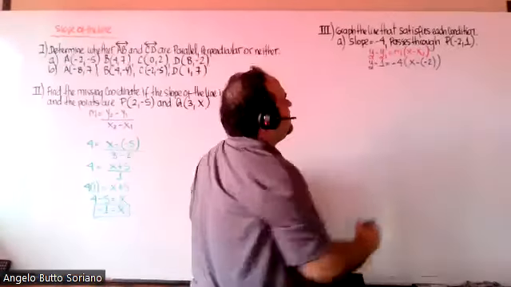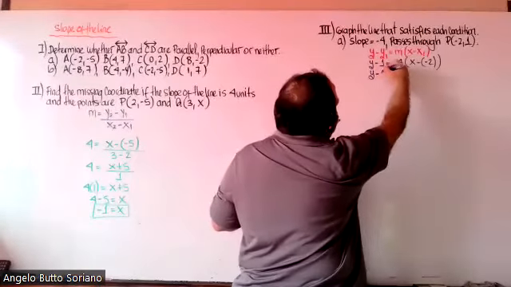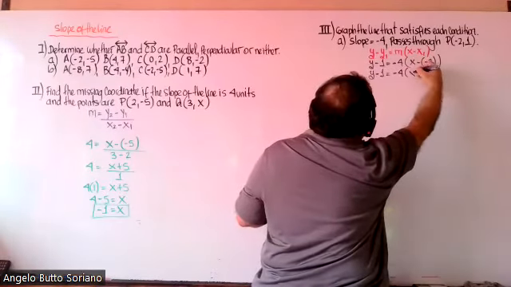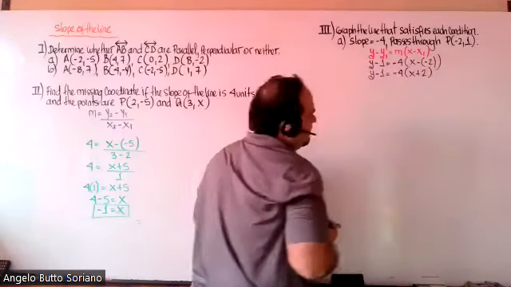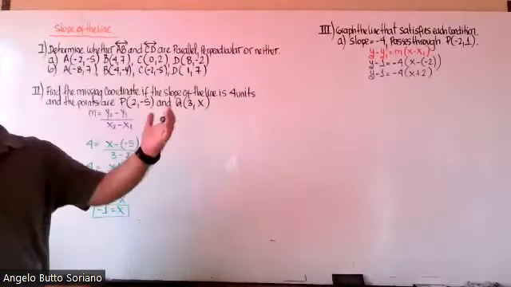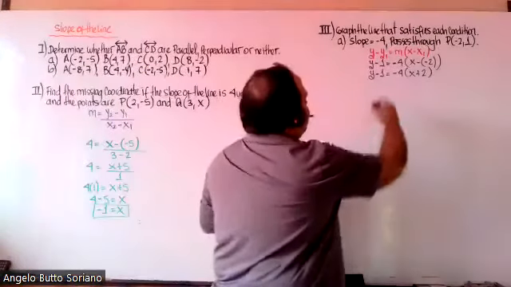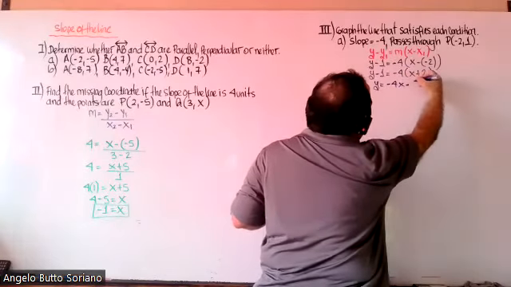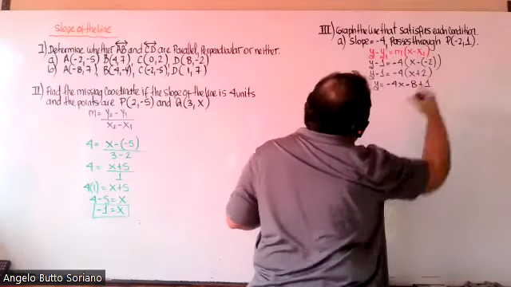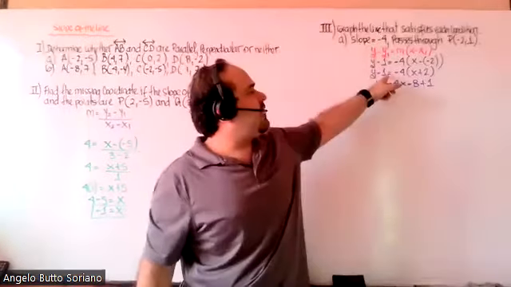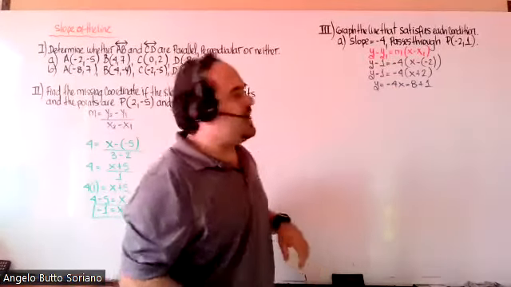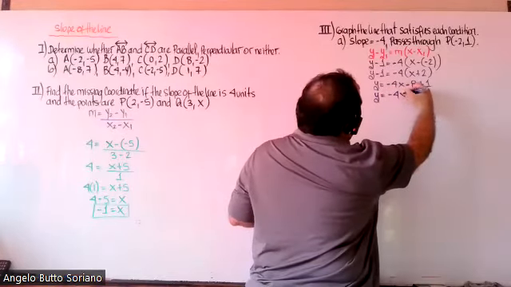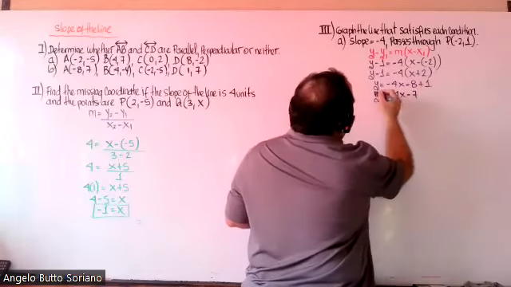Let's continue with the creation of this equation. y minus 1 will be equal to -4 times (x plus 2). Let's apply the distributive property. We have y equals -4x minus 8 plus 1, because this number 1 that is subtracting passes to adding. Basically, the equation of the line will be y equals -4x minus 7.